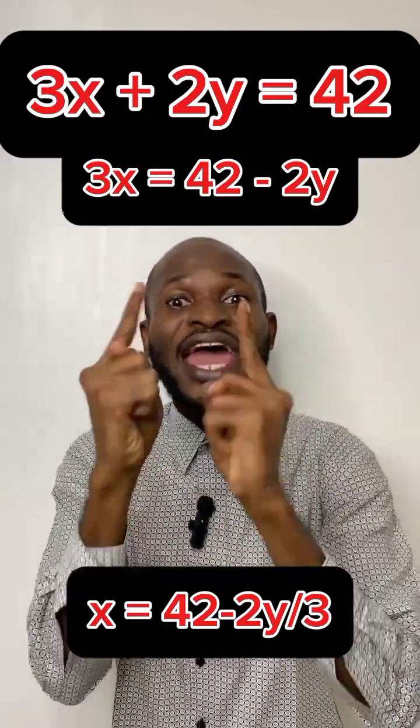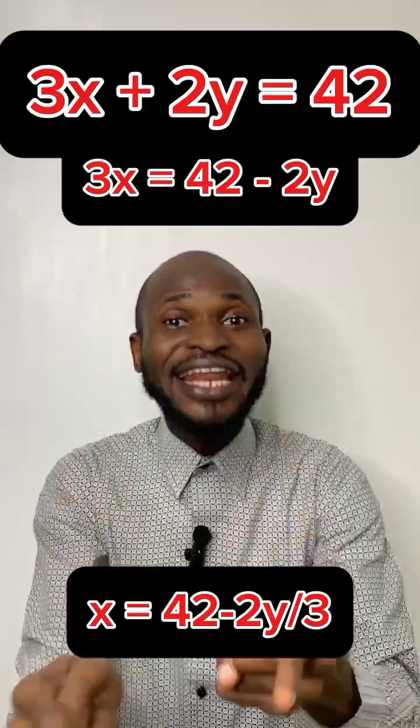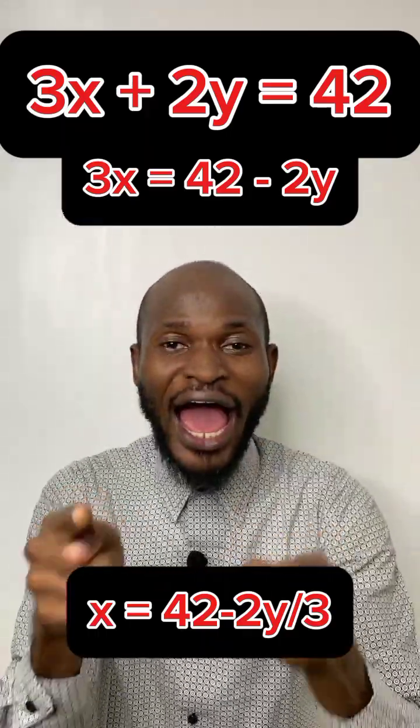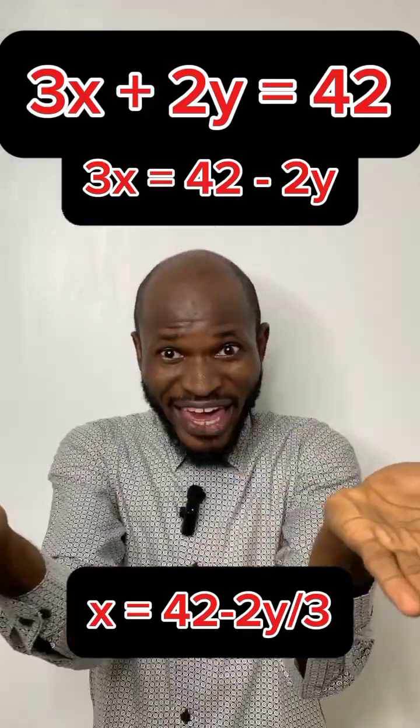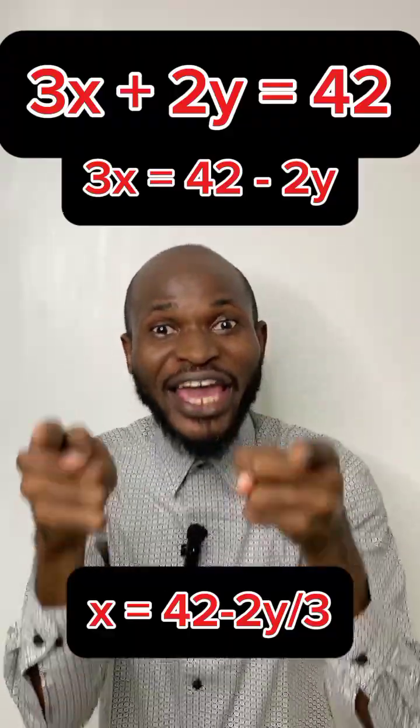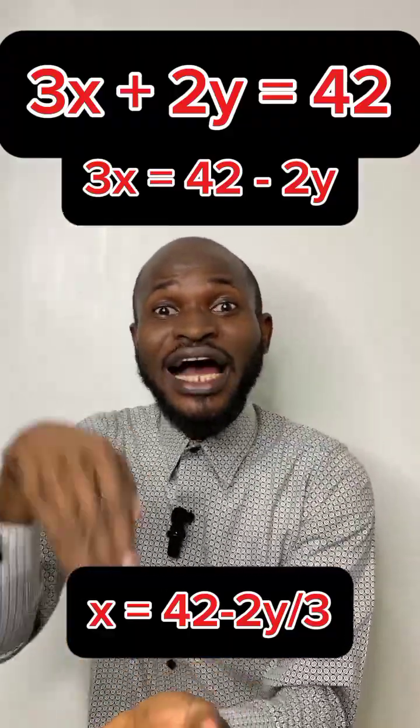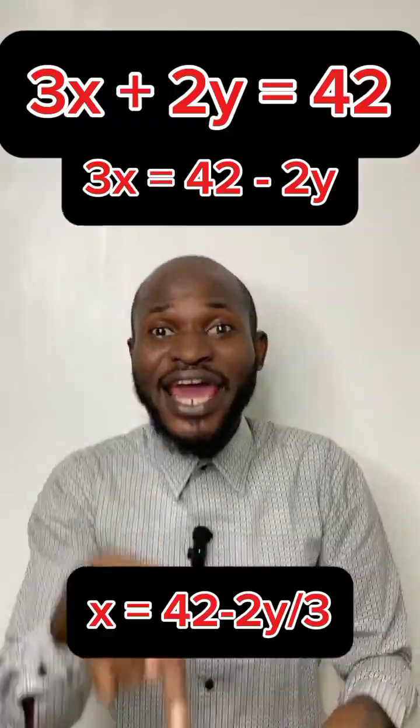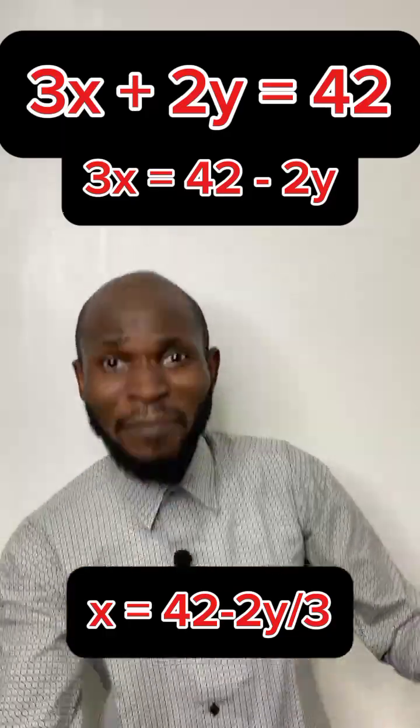So now x will not appear anymore. Instead, 42 minus 2y over 3 will appear. It will now be the Ronaldo on the field, while x, which is the Messi, will now be on the bench. Simple! That is now the substitution equation, which we are going to get back to. But let's go straight now to the second equation.